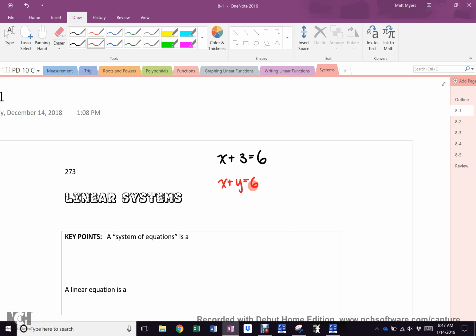Thomas, why can you not tell me the answer to the red equation? Because there's like an infinite number of answers. There's an infinite number of answers because there are 2 unknowns. You cannot tell me the answer to the red question. Does everybody understand? All right. Now, if you had both of these questions, could you tell me the answer to the red question?